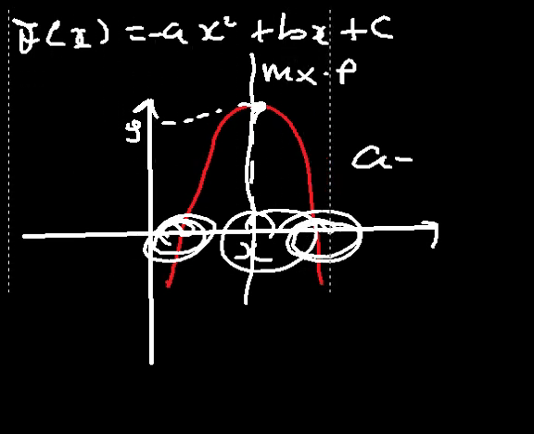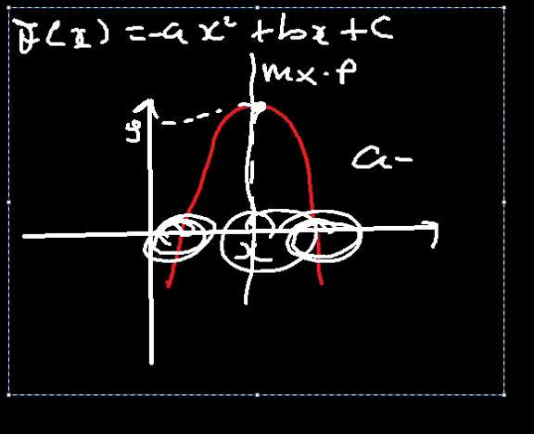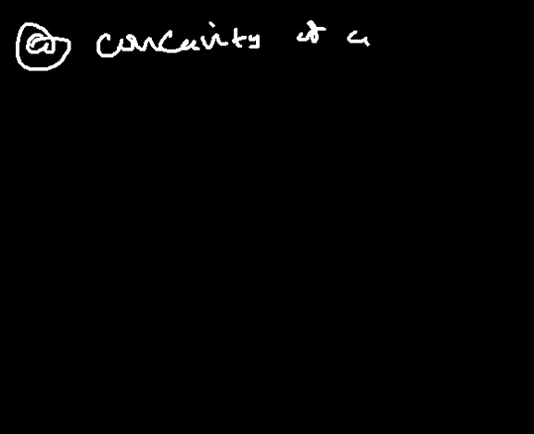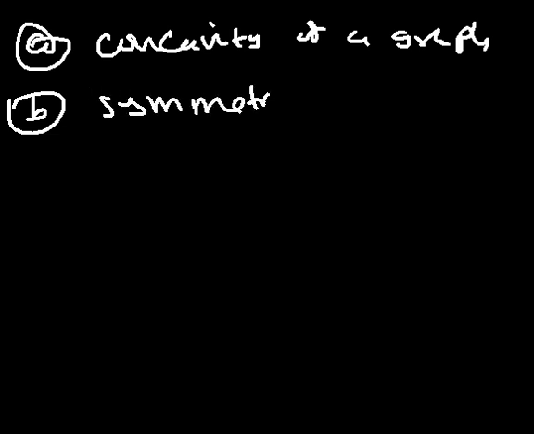So how can you be able to have the following operations if this is the case? Now, without drawing the graphs, A, determine the concavity of the graph. And B, determine the equation of the axis of symmetry, mind you, without coming up with a graph.